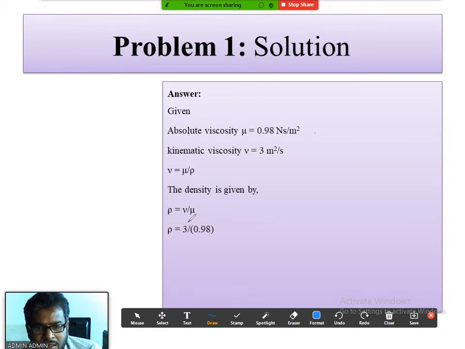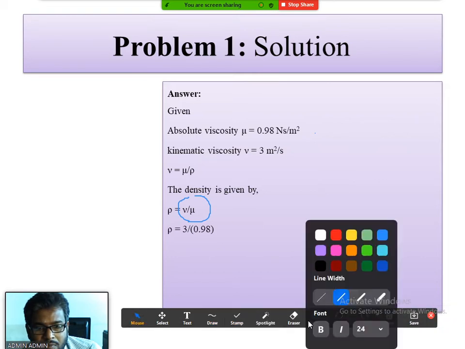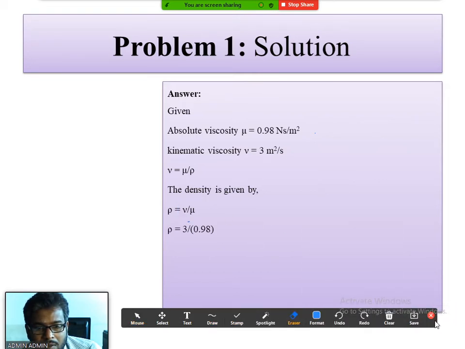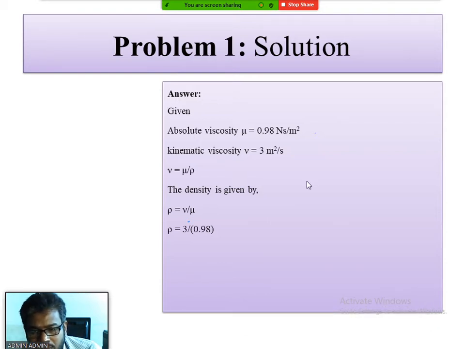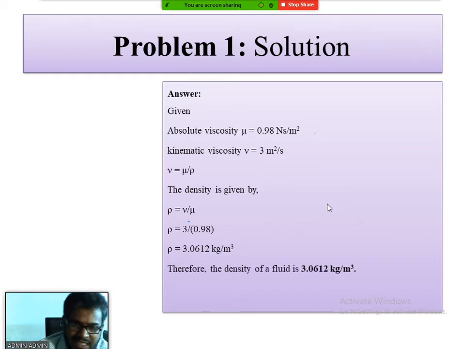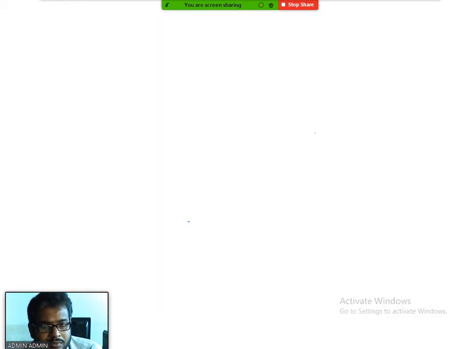Putting these values in the formula, you can calculate on your calculator also. So our answer is 3.0612 kg per meter cube. Therefore the density of the fluid is 3.0612 kg per meter cube.